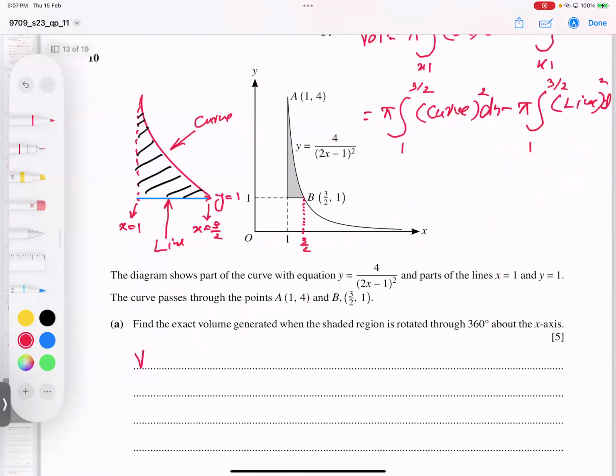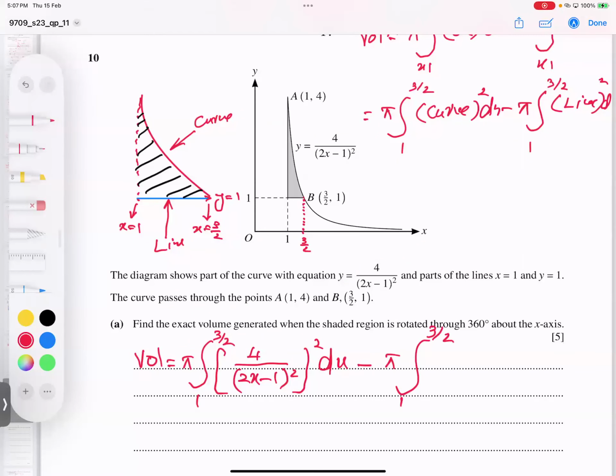Bismillah ar-Rahman ar-Rahim. I am writing the volume formula directly now: limits 1 to 3/2, and the curve equation is this. First of all, I am showing this working to my examiner. Now here 1, here 3/2, here the line. The line equation is what?